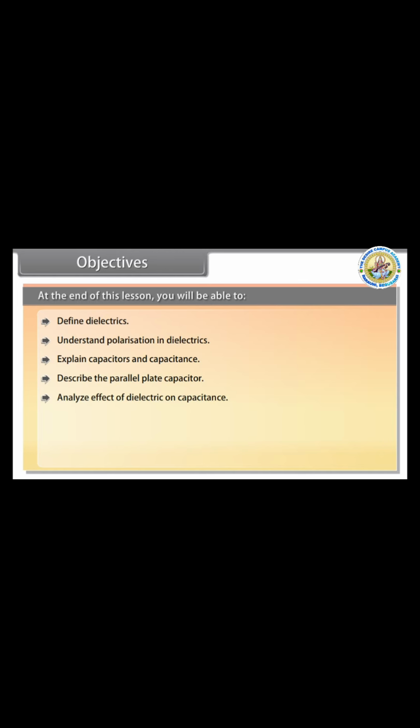At the end of this lesson, you will be able to define dielectrics, understand polarization in dielectrics, explain capacitors and capacitance, describe the parallel plate capacitor, analyze the effect of dielectric on capacitance, know about combination of capacitors, calculate energy stored in a capacitor, and understand the Van de Graaff generator.